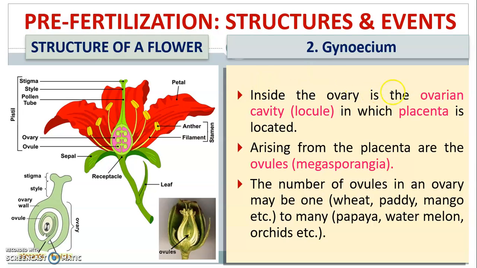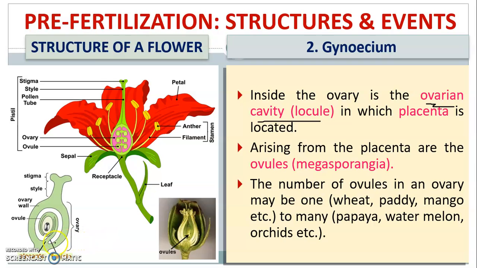Now move ahead. Inside the ovary you will find a cavity. This cavity is known as the ovarian cavity. It is also known as locule. So what is locule? Locule is the cavity present inside the ovary, and the placenta is well connected with the ovarian cavity.